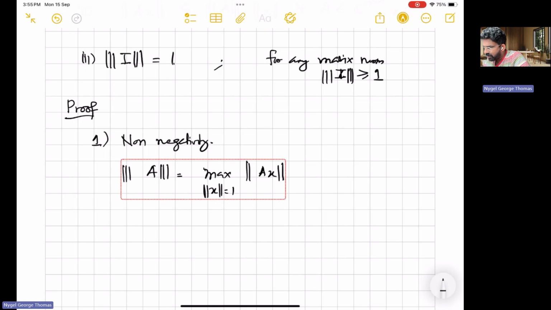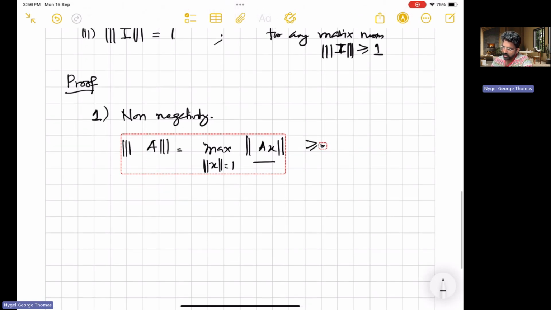This is always greater than or equal to 0, since it's a vector norm of AX. And the max of non-negative numbers is always greater than or equal to 0. So this is proved.